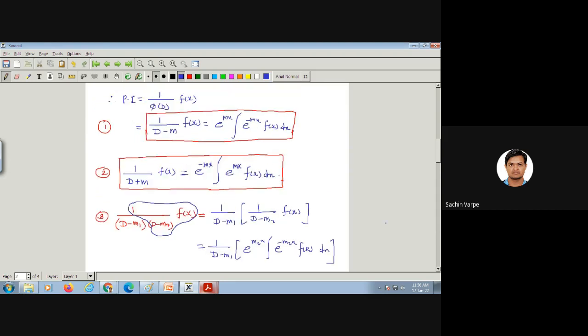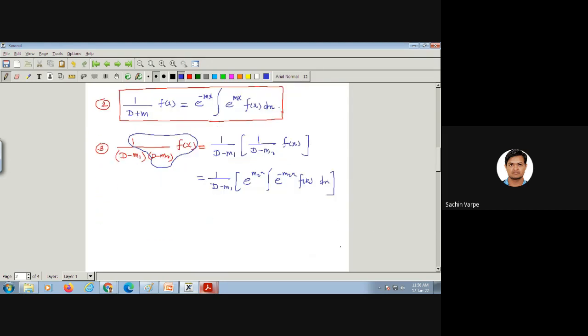We can solve this with the help of this formula, right? So we can solve this integration, and then we'll get a new function onto which we operate this 1 upon D minus m1 with the help of the same formula. Okay, so this is how the general method formulas can be applicable in case of higher order differential equation.